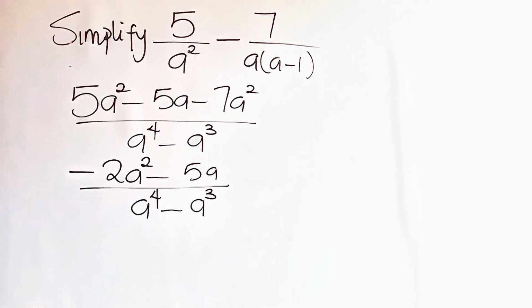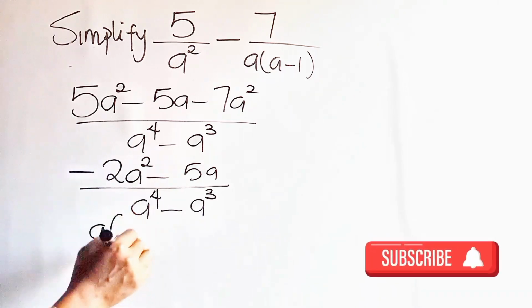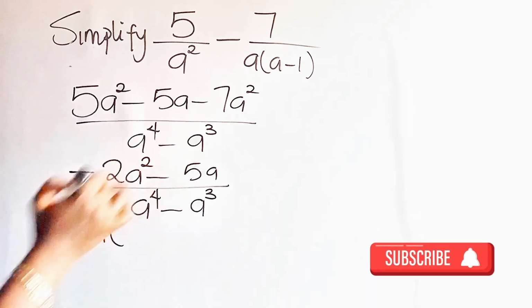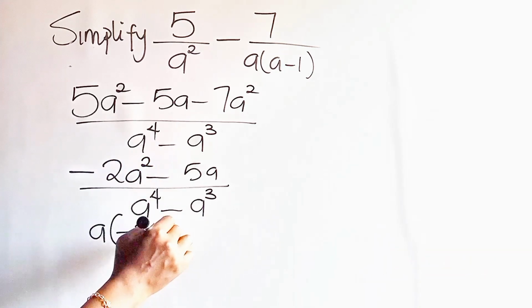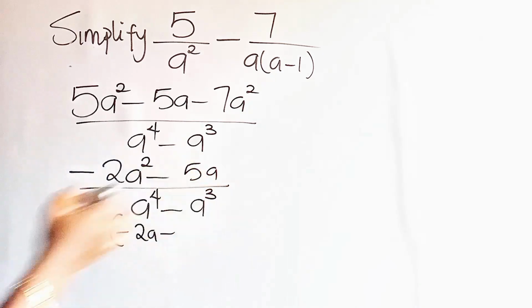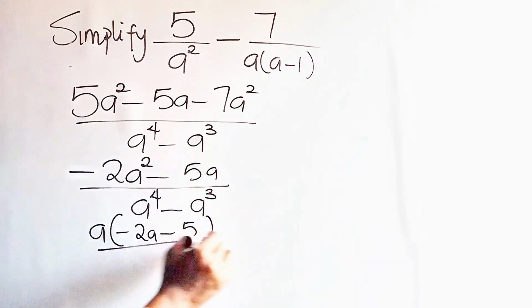If you notice, both at the numerator and the denominator, we have common terms, right? So let's factor the common terms out. Here, the common term is a, so we factor it out. We have a outside the bracket. Then minus 2a squared divided by a, we have minus 2a left. And then minus 5a divided by a, we have minus 5 left, all over.